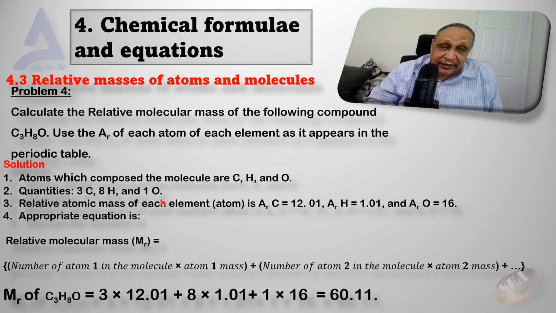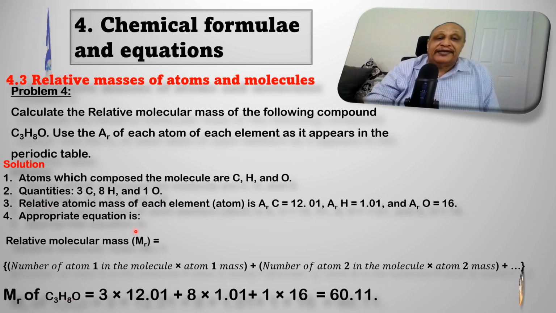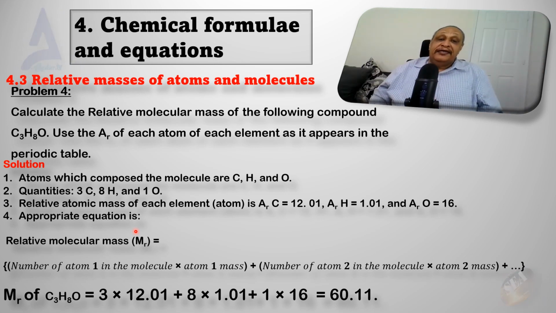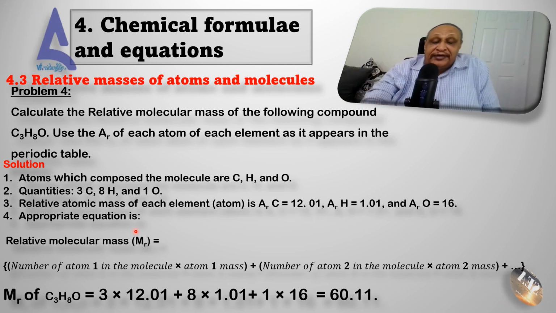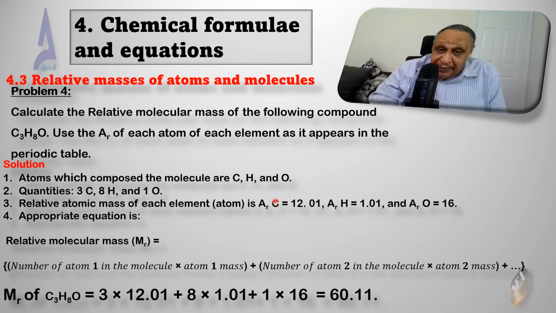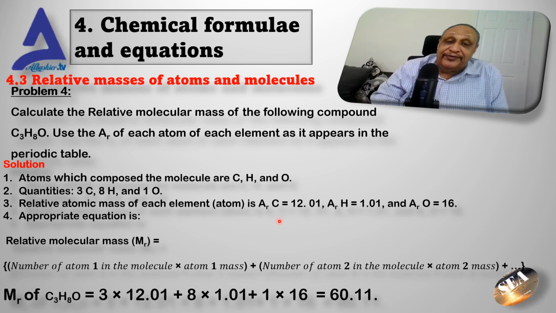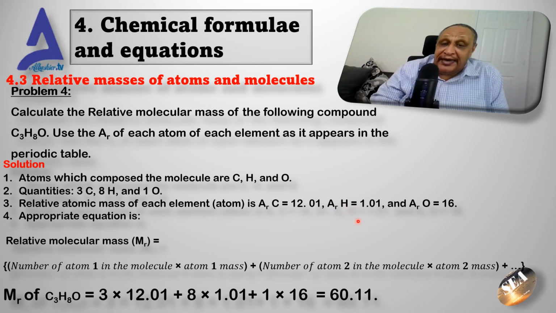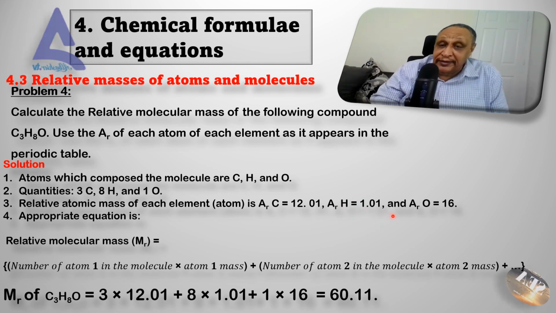Now, for the relative atomic mass of each element, I'm going to search the periodic table and see how much each one weighs. In the periodic table, I see that carbon is 12.01, the relative atomic mass of hydrogen is 1.01, and the relative atomic mass of oxygen is 16.